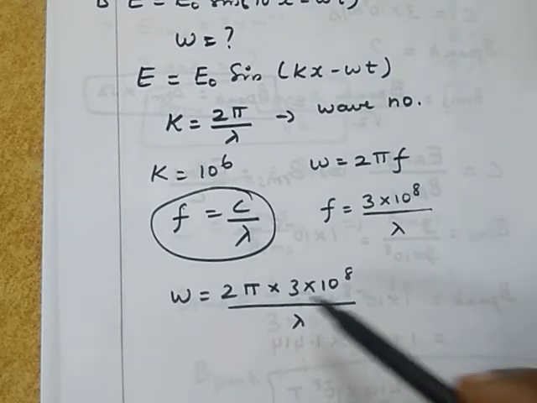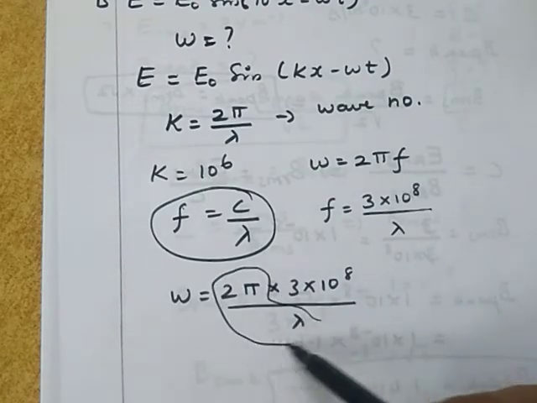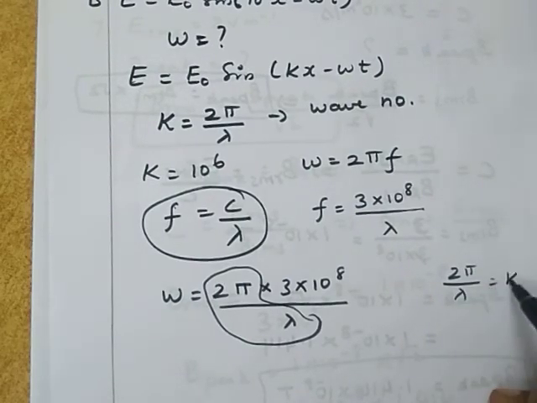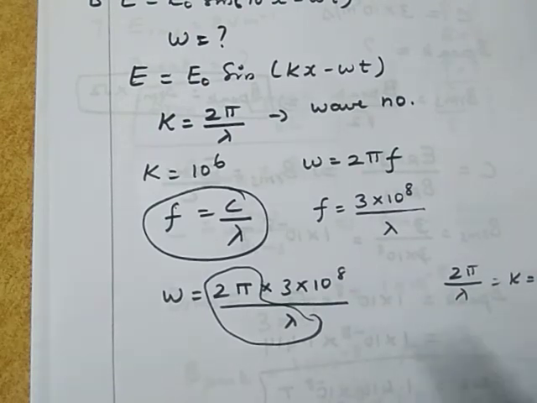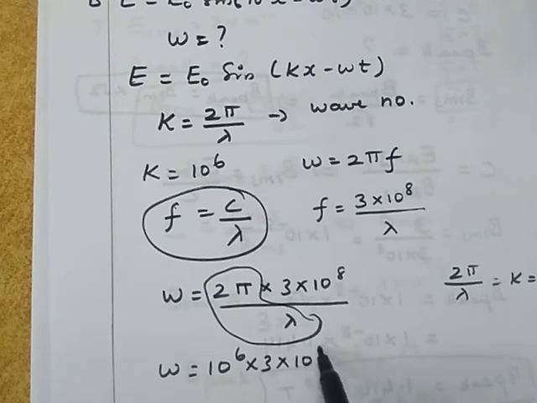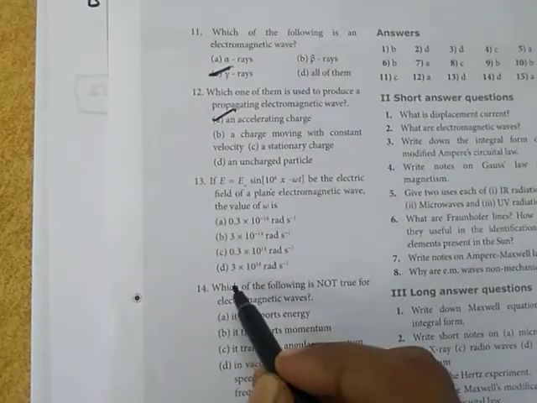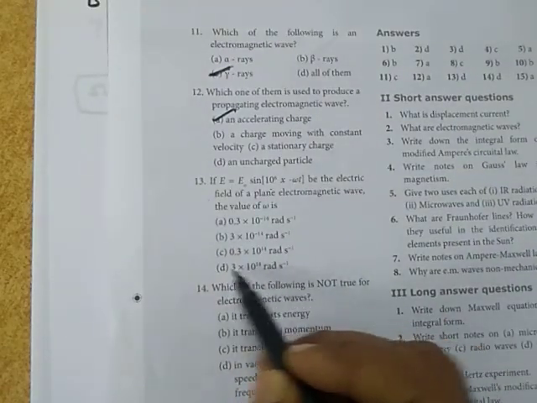We know 2 pi by lambda is nothing but the k, that k is equal to 10 power 6. Substitute here, then omega is equal to 10 power 6 into 3 into 10 power of 8, then omega is equal to 3 into 10 power of 14. The unit of angular frequency is radian per second. So the answer for question number 13 is 3 into 10 power of 14 radian per second.